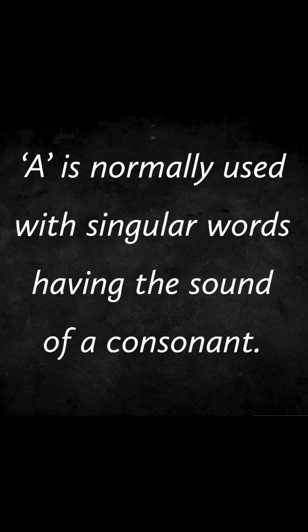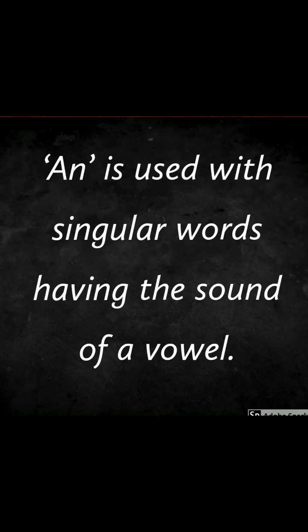So, the article A is generally used with the singular words having the sound of a consonant. Now the article an will be used with the singular words having the sound of a vowel.